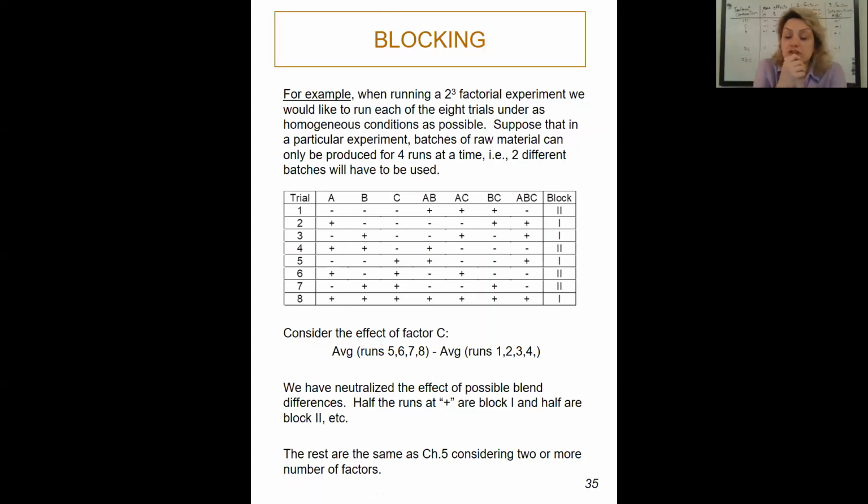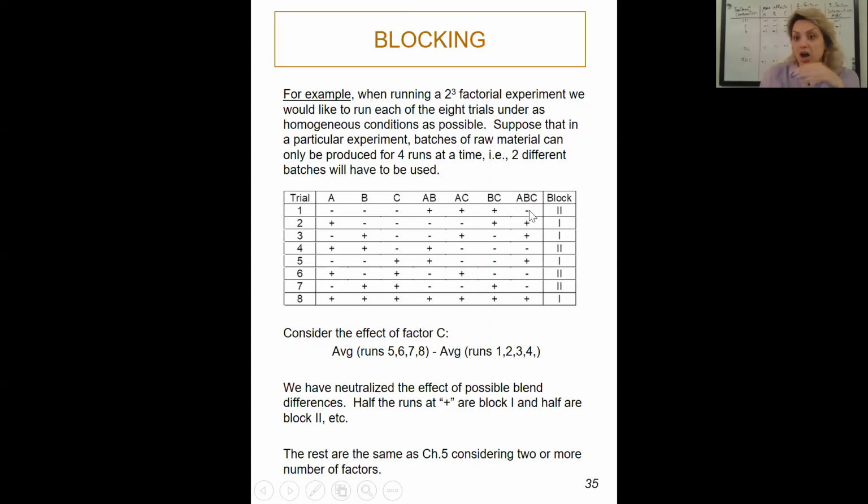You might have this question: how do we assign the trials to the blocks? Most of the time we do this: we go to the highest-level interaction, and whatever has the low level in the highest-level interaction would be in one block, and the high level would be in another block. For example, look here.